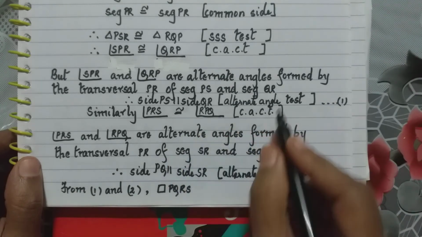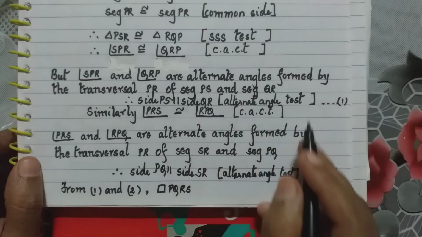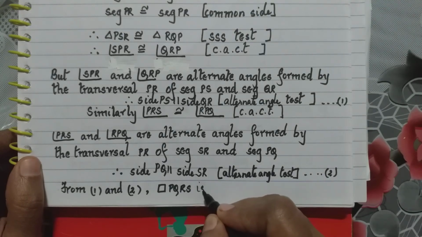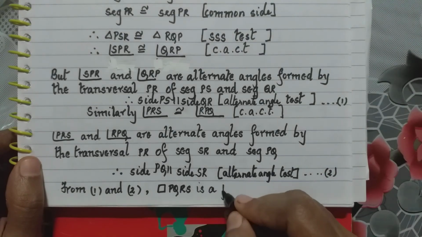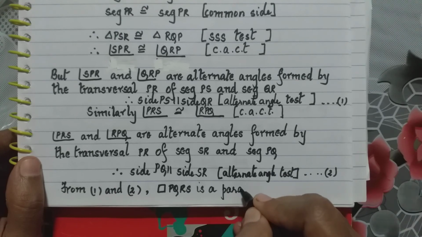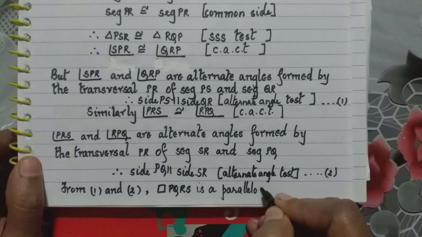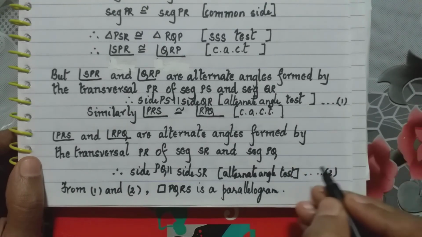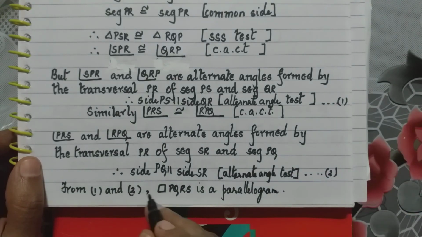So when both the pairs of sides are parallel to each other, what can we conclude about quadrilateral PQRS? That it is a parallelogram. Okay, so from 1 and 2 we say that quadrilateral PQRS is a parallelogram.